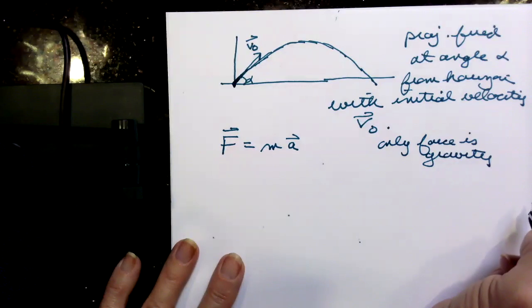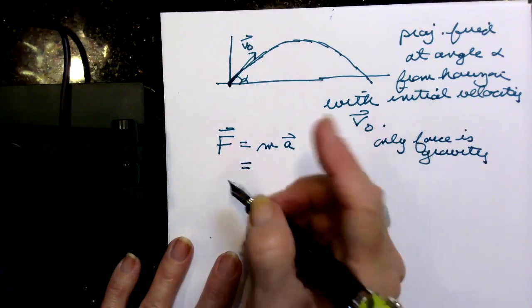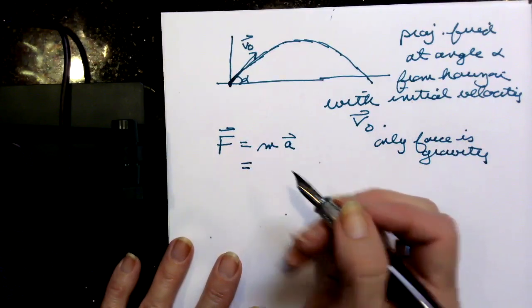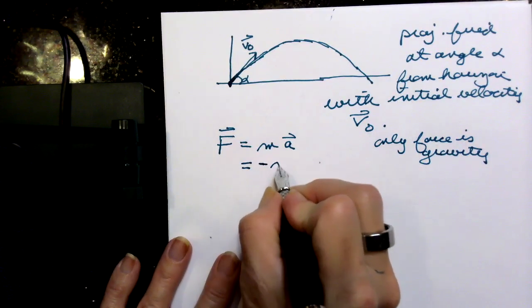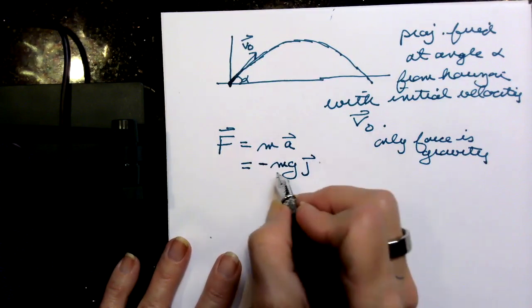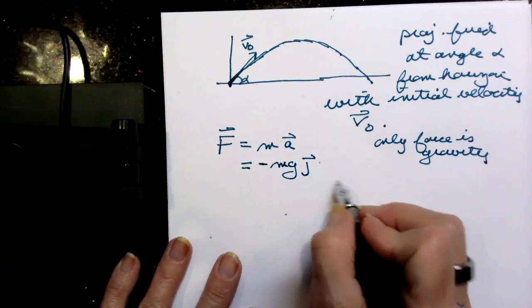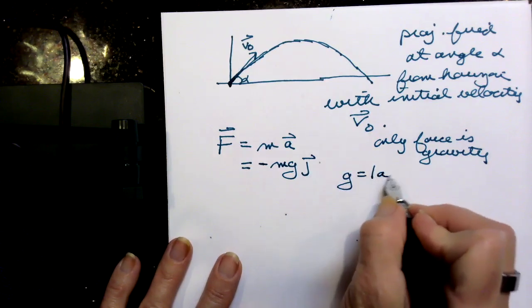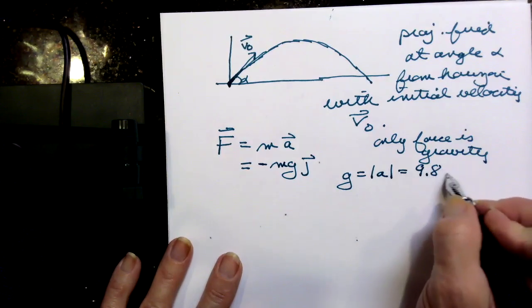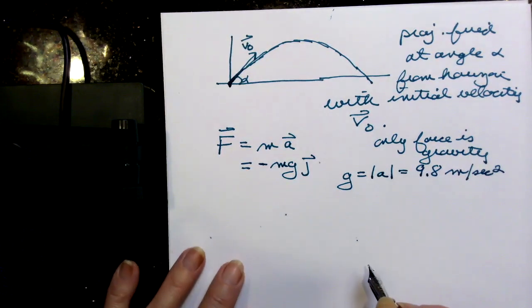If you think of i as the unit vector in the x direction and j as the unit vector in the y direction, then the force due to gravity is minus mg times j, where g is the acceleration due to gravity. It's 9.8 if we're using meters per second squared.